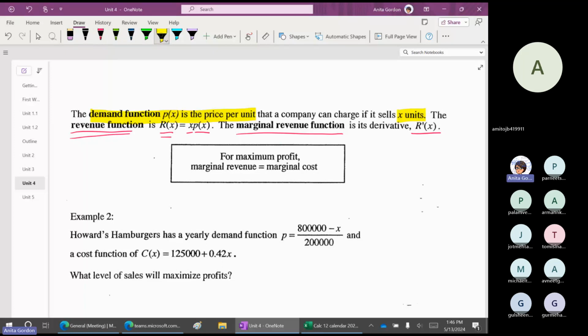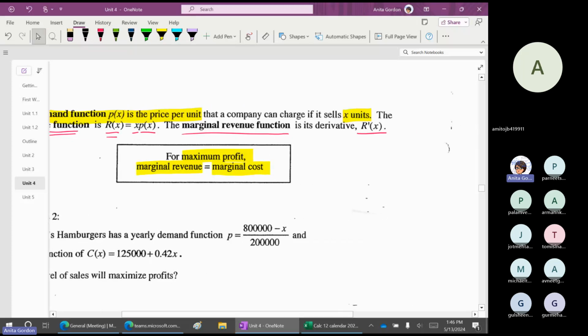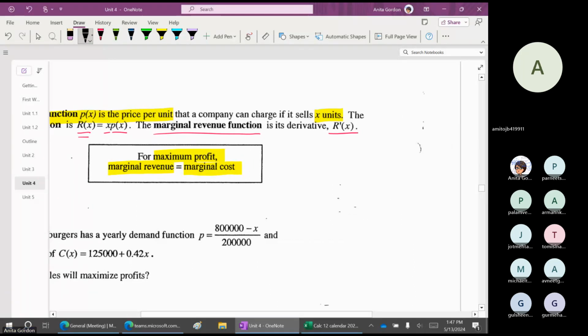Okay, so to maximize the profit, our marginal revenue must equal the marginal cost. So here are some things to think about. The profit is made by taking the revenue, your income, and subtracting the cost of actually making the thing. When I take the derivative, what I'm saying is take the derivative of all of these functions.